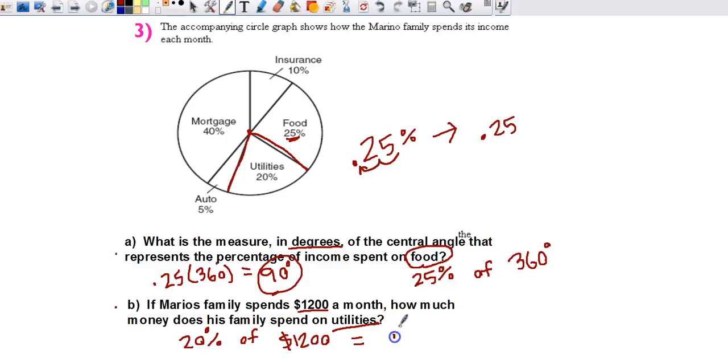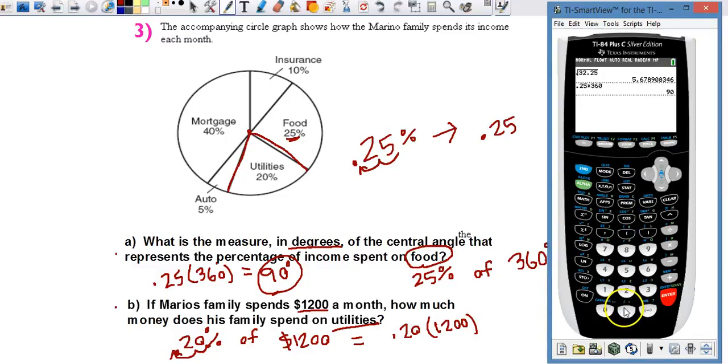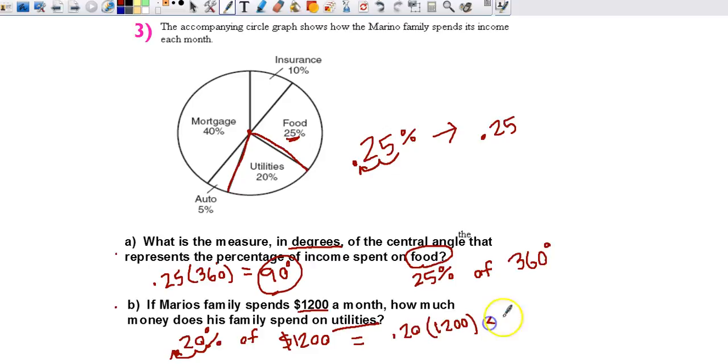So that's 0.20, 20% is 0.2, times 1,200. When you multiply those together, you get 240. That's money, so we're talking about $240. All right, so 90 degrees for part A, $240 for part B.